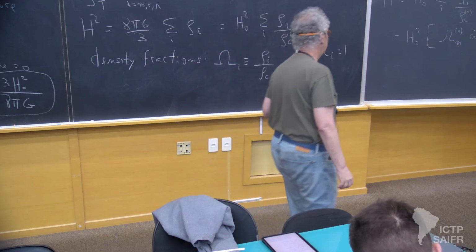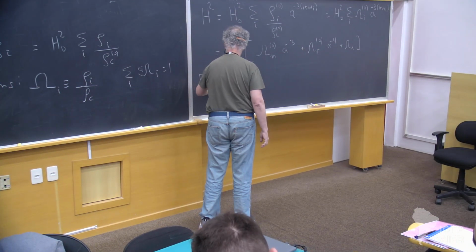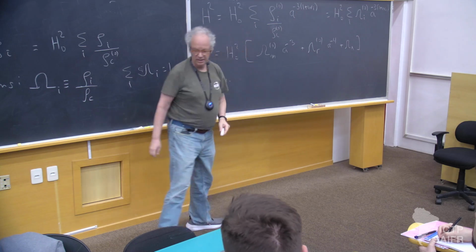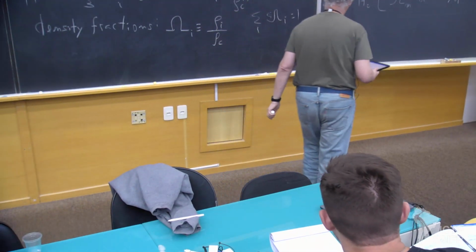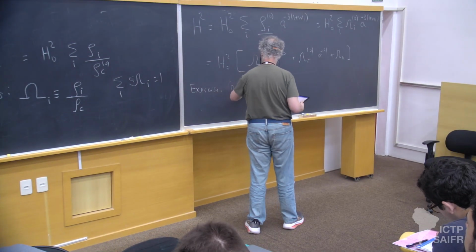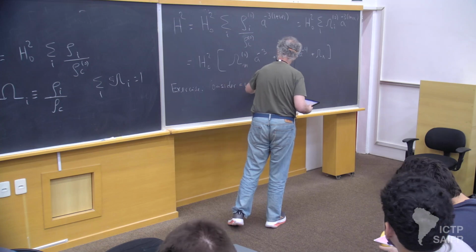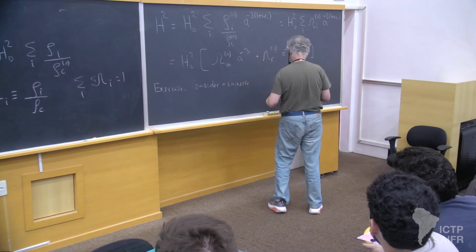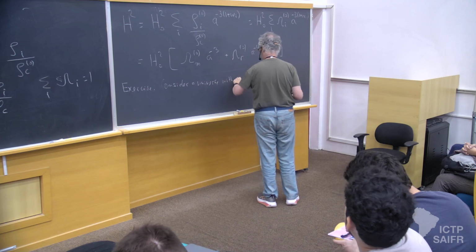So I leave you an exercise, a simple exercise, to show the following. Consider a universe with only matter and radiation, so no cosmological constant.